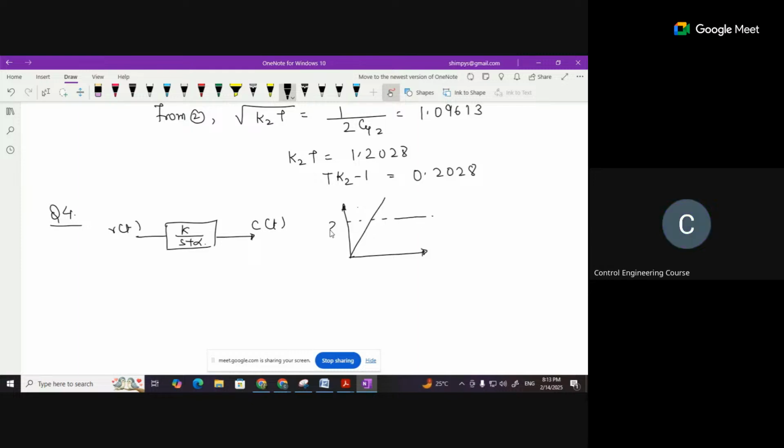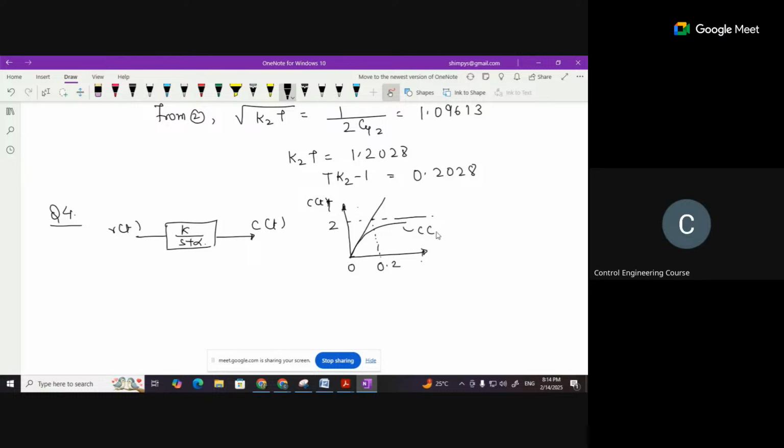So this is 2. This is C of t. How much is the value at this instant? It is 0.2. This is 0, and we have this as C of t. It comes down like this, right?